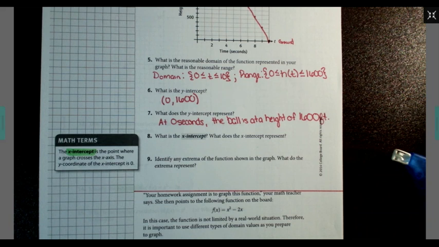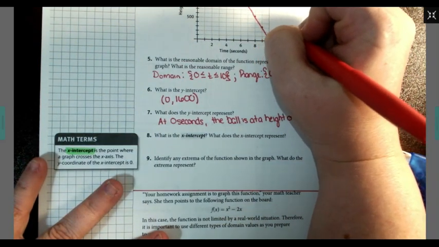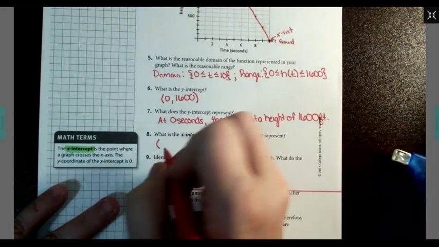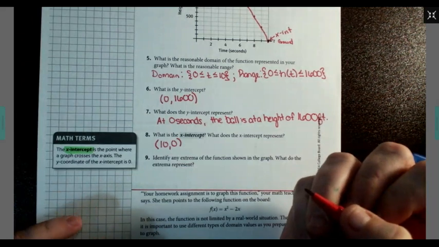What is the x-intercept and what does it represent? Well, x-intercept would be where the graph crosses the x-axis, and that ordered pair is 10, 0.